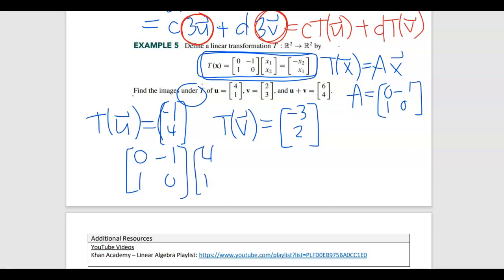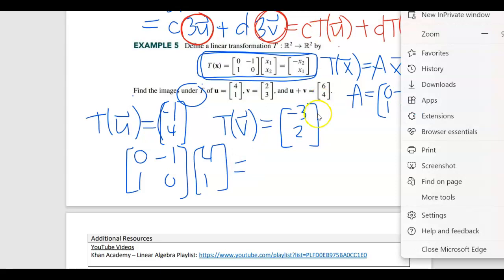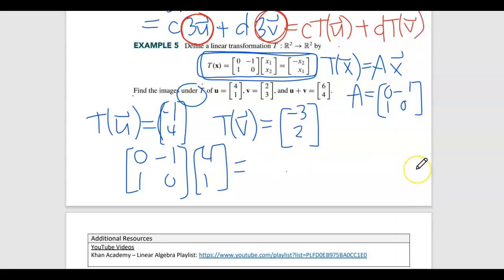So (4, 1). 0 times 4 minus 1 gives me -1. 1 times 4 plus 0 gives me 4. And so that is why I end up getting this here, but I'm just using the fact that I know my outcome has to switch.